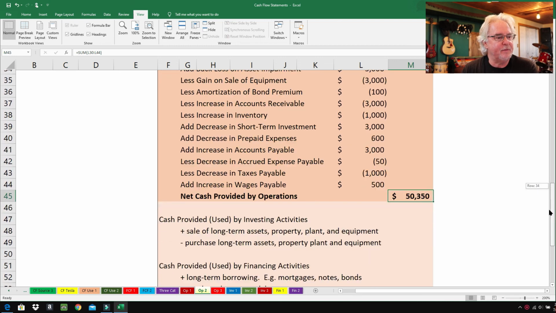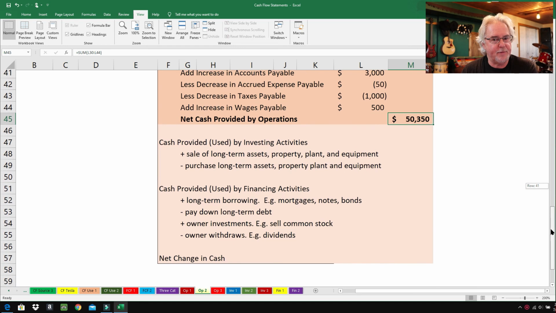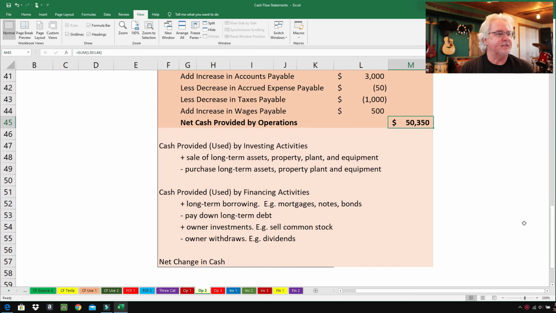Now, just for the sake of completeness, and repetition doesn't hurt, we've got cash provided or used by investing activities. We're not doing this today, but just to remind you, the kinds of things that go in here are like the sale of long-term assets, property, plant, and equipment, and minus the purchase of long-term assets, property, plant, and equipment.